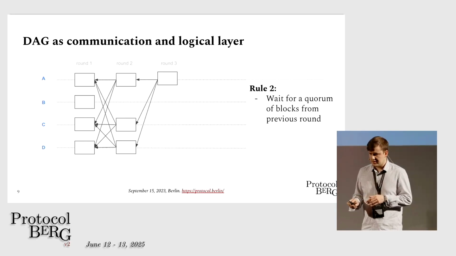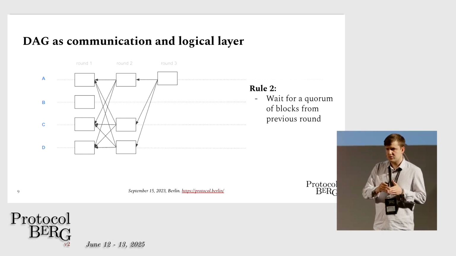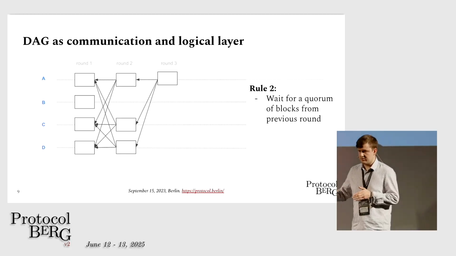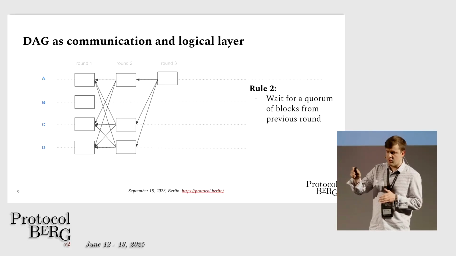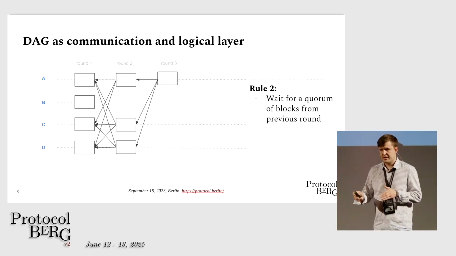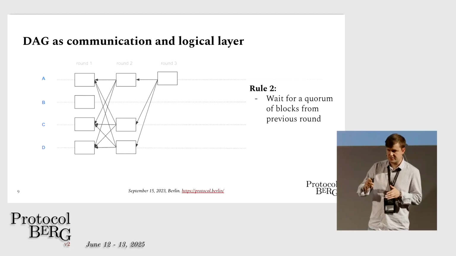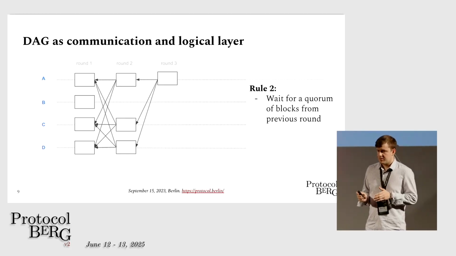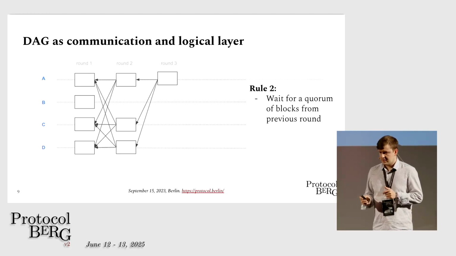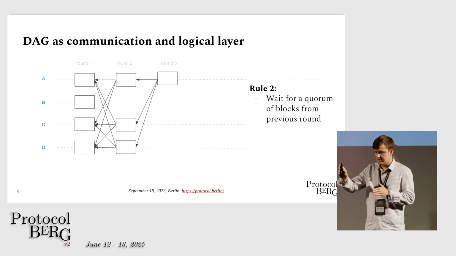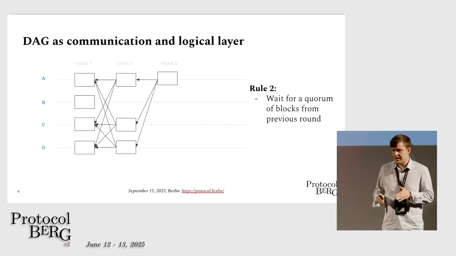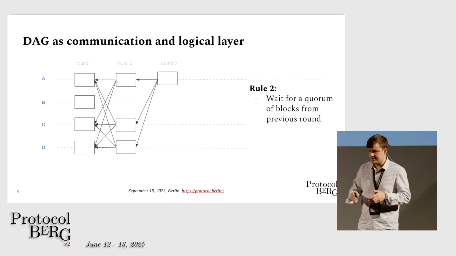The second rule is that we shouldn't progress ahead of the network, so we need to wait until a quorum of the network has already created blocks from the previous round. This means that we have a kind of cordial progression of the whole DAG. We just respect the network. Otherwise, our blocks will not be considered valid.